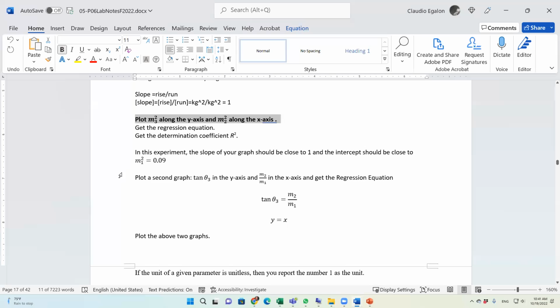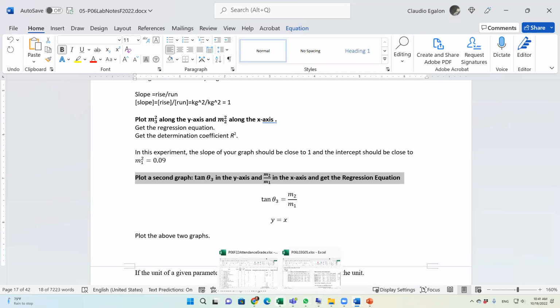And then the second graph, tangent of theta 3 along the y-axis, M2 divided by M1 along the x-axis. Two graphs. Okay, thank you. Working on it.